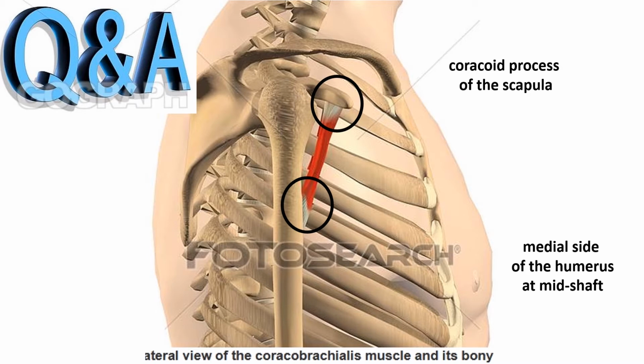This image explains to us why this coracobrachialis, in addition to the action of adduction, it does flexion of the arm.